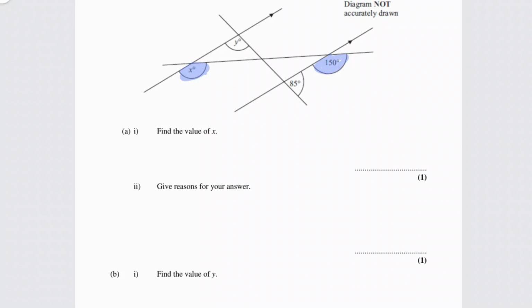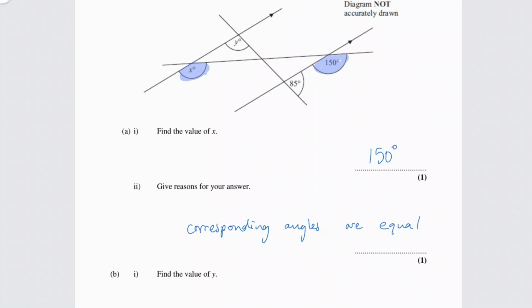So straight away we can say x is 150 degrees. Corresponding angles are equal. Because of the parallel lines, those two angles there are corresponding. They are the same.